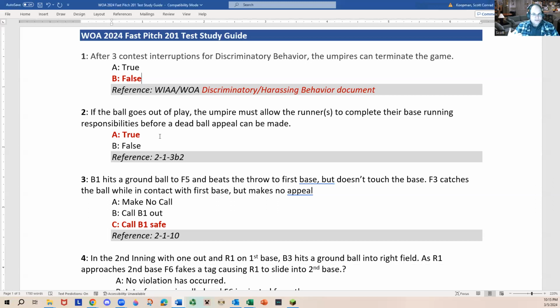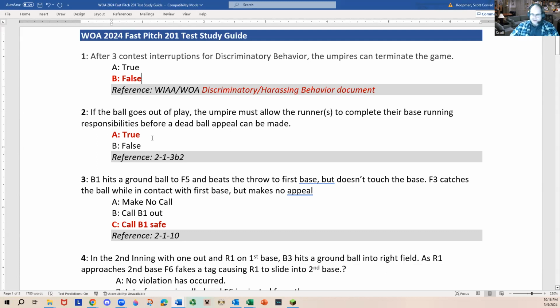Well, we have bases we award to people who were running at the time that the throw was made, but the ball's dead as soon as it goes out. Well, the umpire is going to say these runners get to go to these bases, and before any dead ball appeal can be made, the runners must be allowed to complete their running responsibilities. So the answer to this is true.